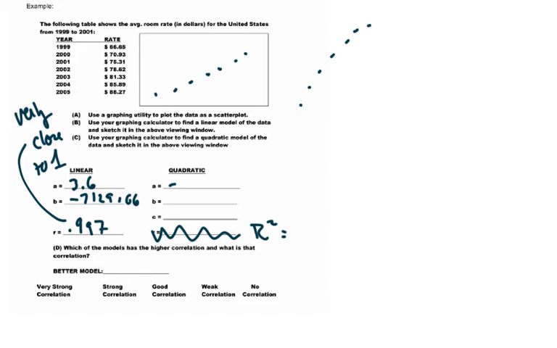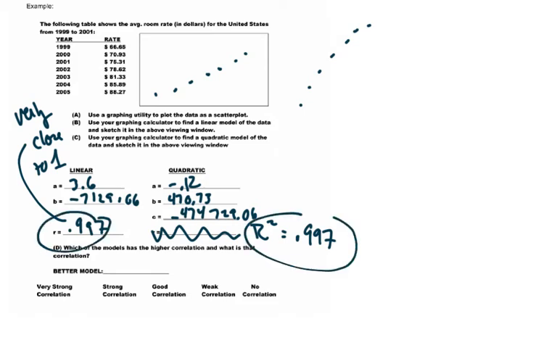Let's say A is negative 0.12, your B value is 470.73, your C value is negative 474,729.06, and your R squared value is 0.997. What it's saying basically is that this and this are about the same, and you can use basically either.